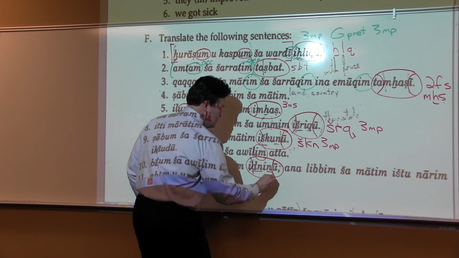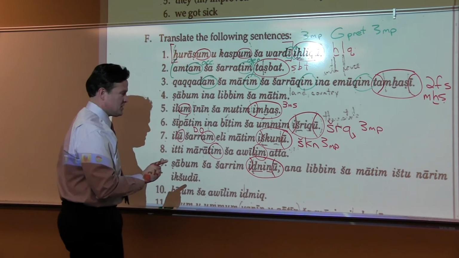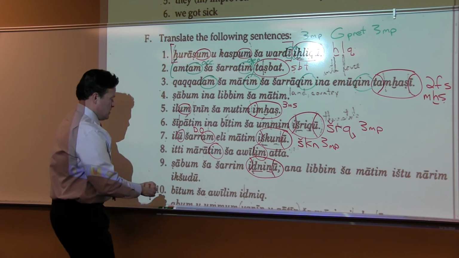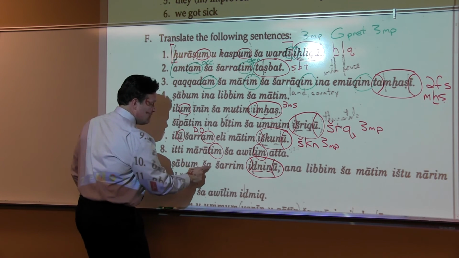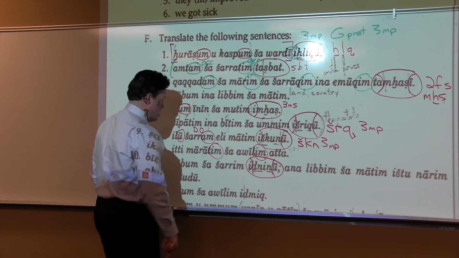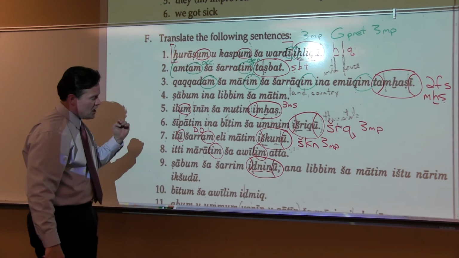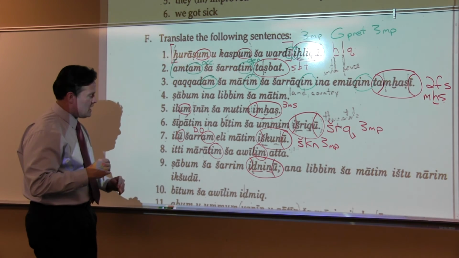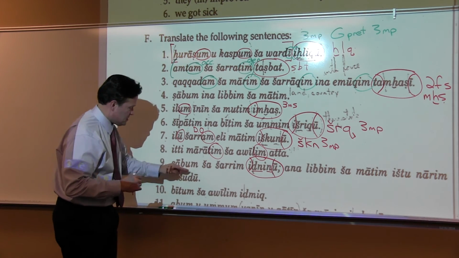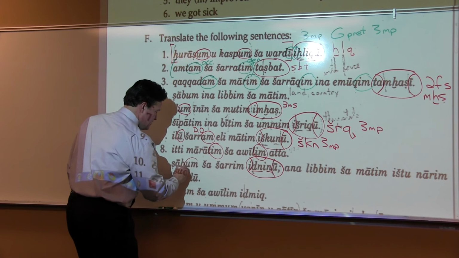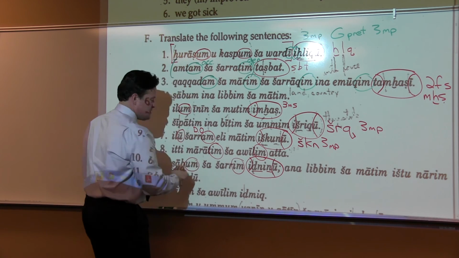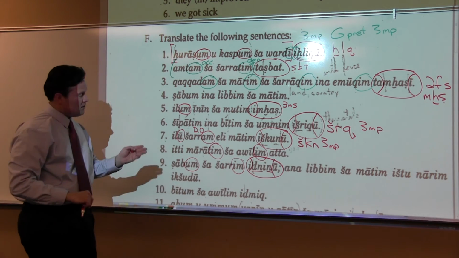We have an u suffix, third masculine plural. So the army of the king grew strong. Dabum sha sharim idinu. The army of the king grew strong. So this is the subject as marked by the nominative case. This is the genitive case because it's the object of sha. The army of the king grew strong.